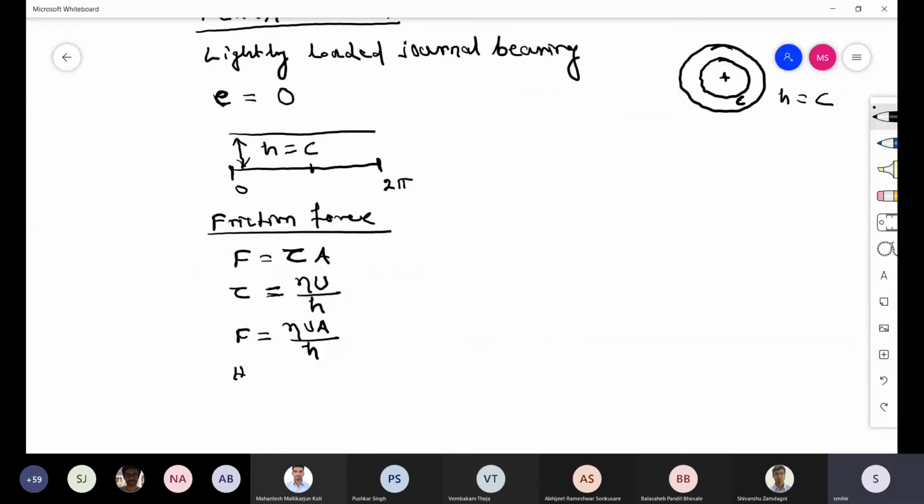Now here, u is the linear speed, which is equal to 2 pi r n, where N is in rpm. And your A equals 2 pi r L.